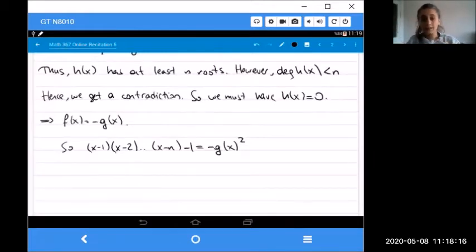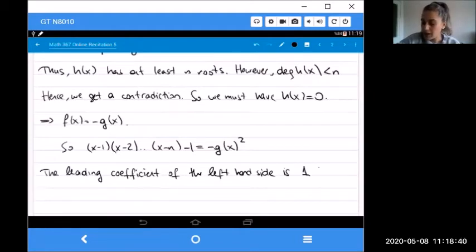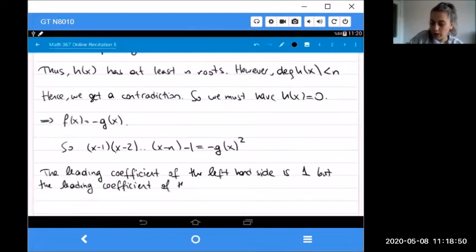But if you compare the leading coefficients, the leading coefficient of the left-hand side is equal to 1, while the leading coefficient of the right-hand side is negative.